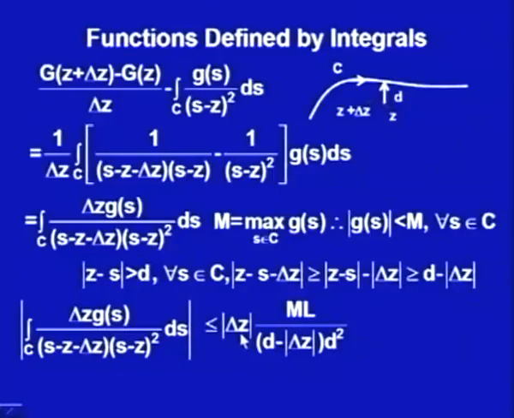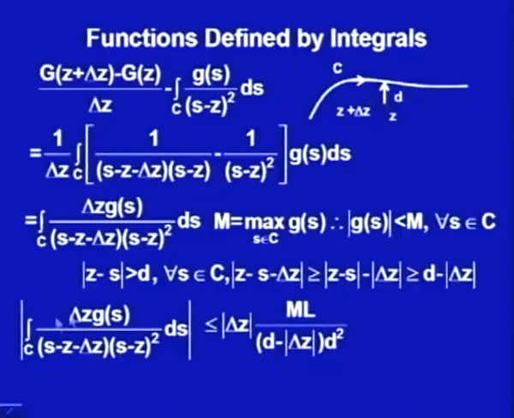Now, as delta z approaches 0, this whole right hand side can be made arbitrarily small, while the left hand side is the absolute value of this integral, which can't be negative, it is positive. So, a positive quantity that is smaller than a quantity which can be made arbitrarily small should be equal to 0.